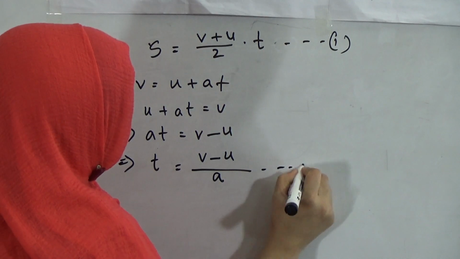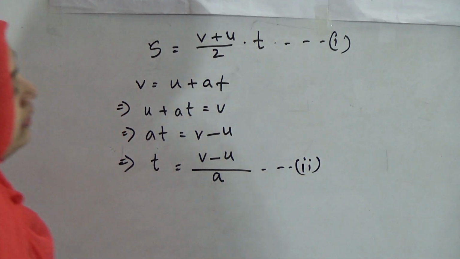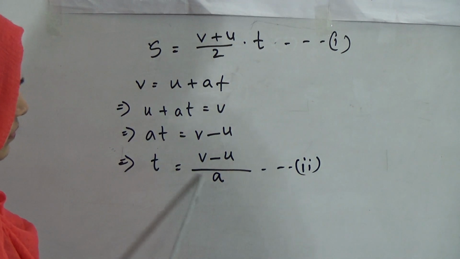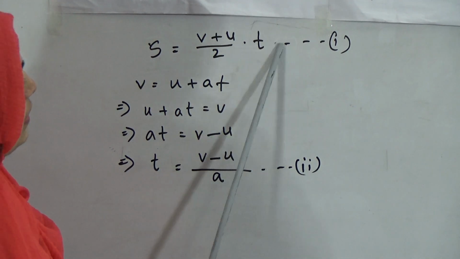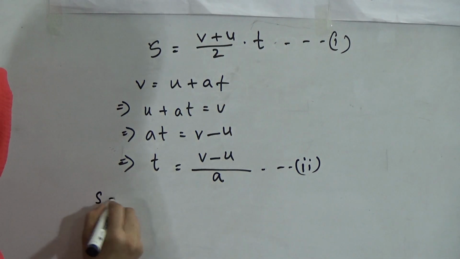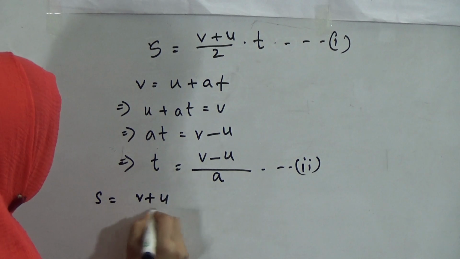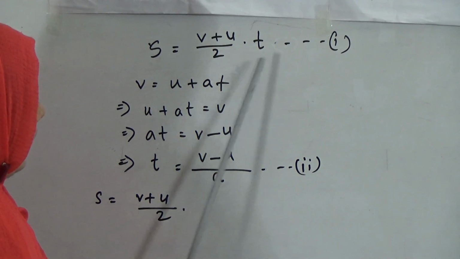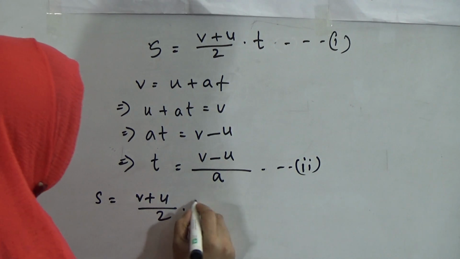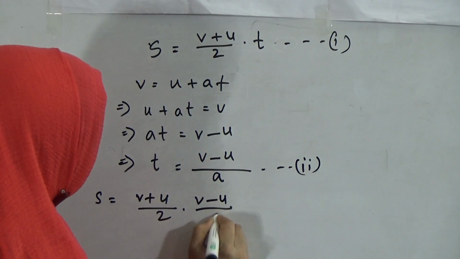This is equation number 2. If we put this value in equation number 1, then s equals v plus u divided by 2 into t, where t is v minus u divided by a.